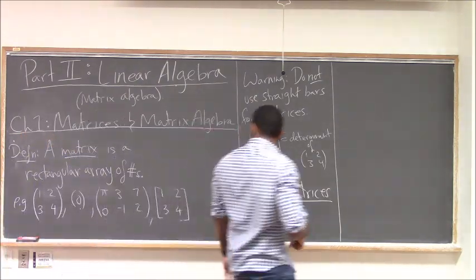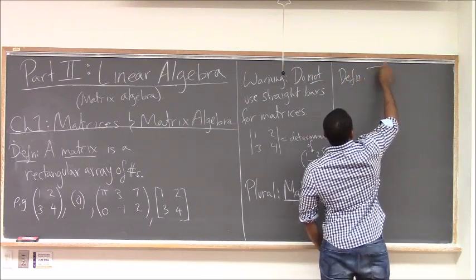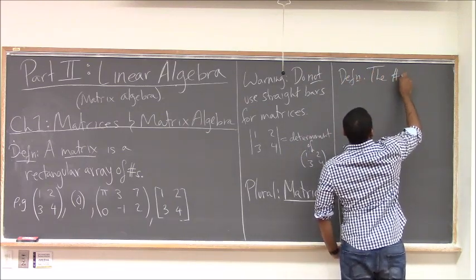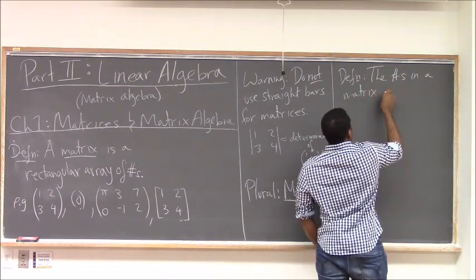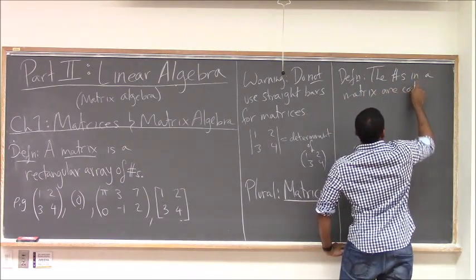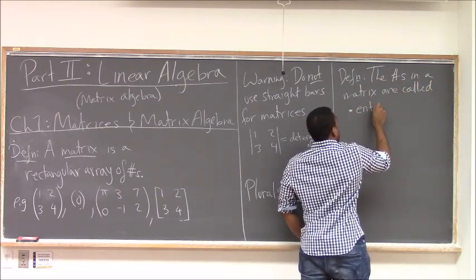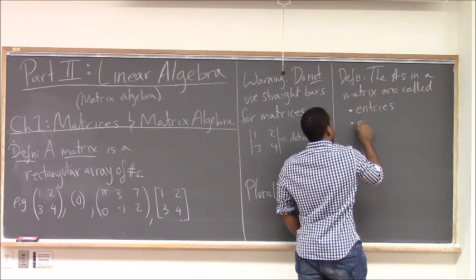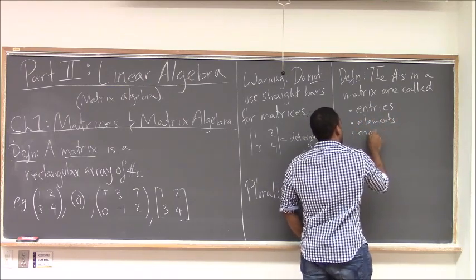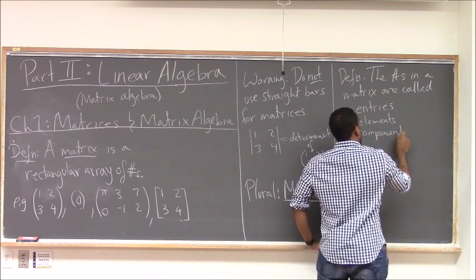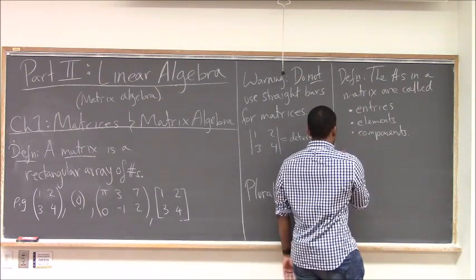Okay, let me tell you how we're naming things. The numbers in a matrix are called entries usually, but you can talk about them being elements or components, similar to how we talk about components in a vector definition.